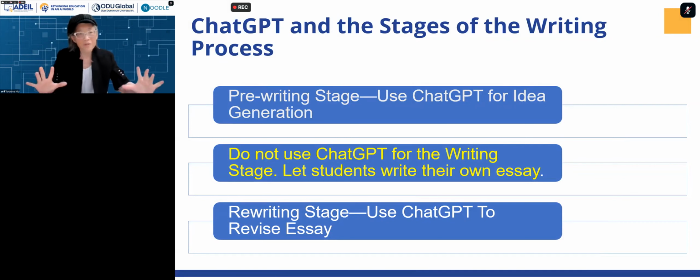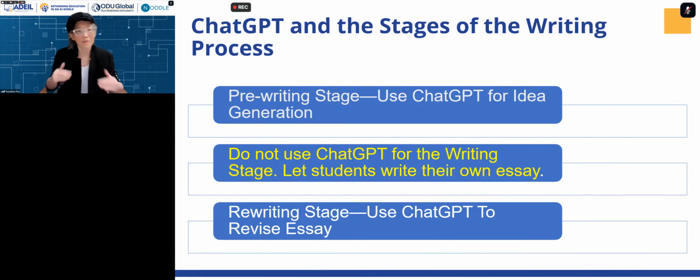Then, after the student has their ChatGPT outline, the student will go and write their own essay. In the second stage, which is the writing stage, I let students write their own essay without any help from ChatGPT. Once you have your rough draft done, then you have the rewriting stage. Then you can go back to ChatGPT to revise your essay.